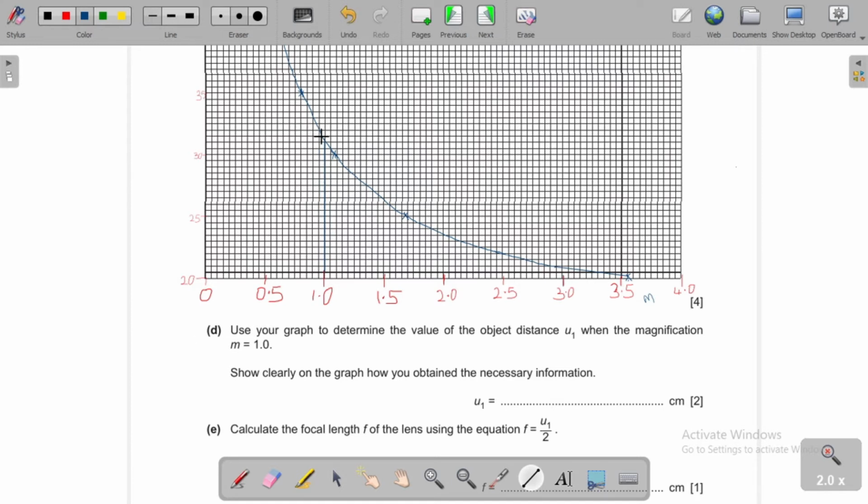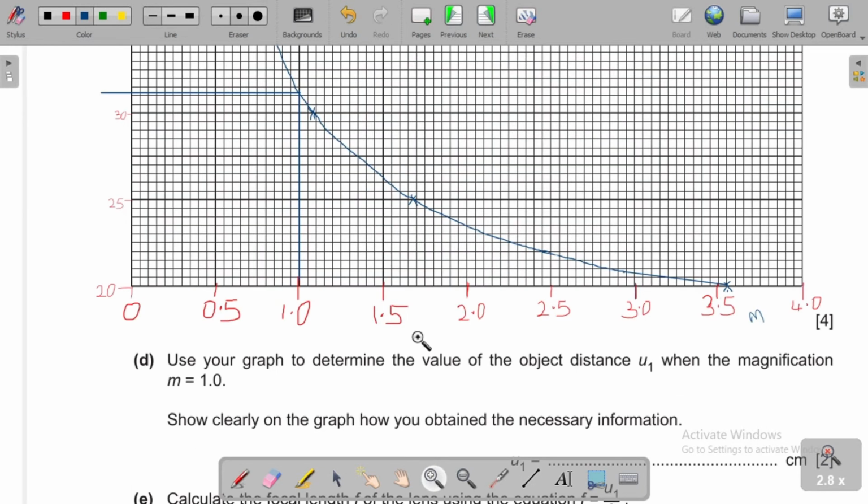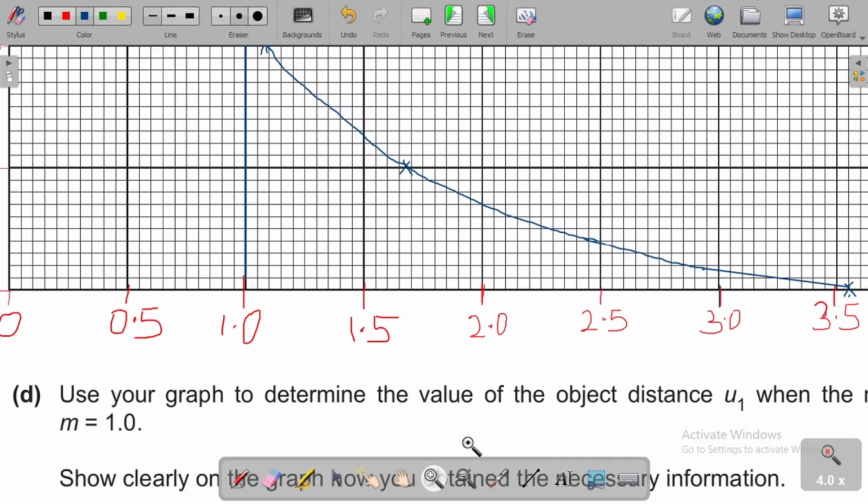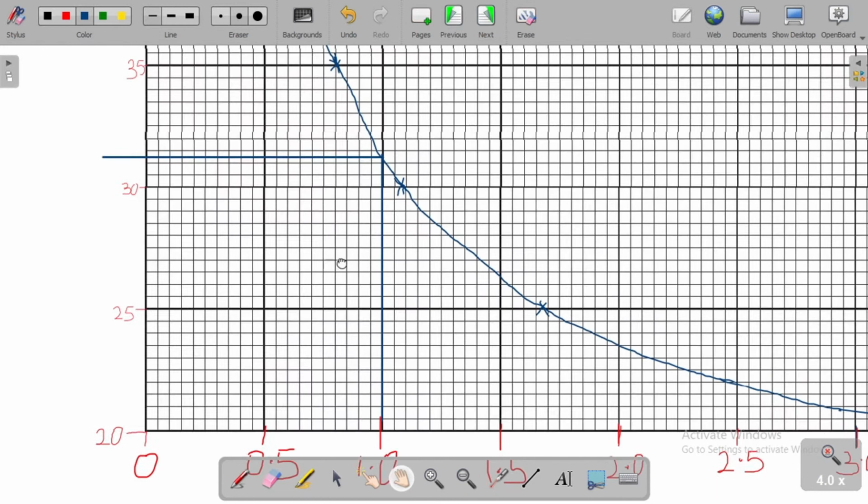So we need to trace this like this. I think this is the point. That's what we're looking for. I make it a little bit bigger. Okay, bigger. Let's see. When this is 1, this one is here.